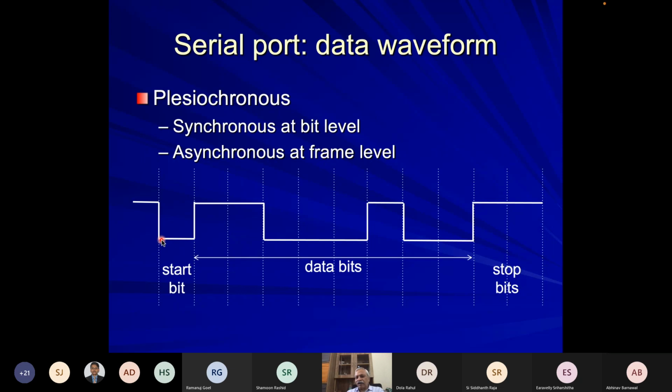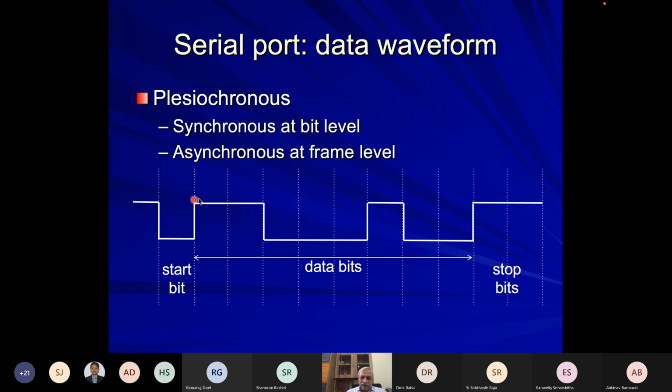So let's say you have a clock at the receiver end which is 16 times faster. Then with that clock, it will keep sampling, and once it sees the change from 1 to 0, it will take that as the starting point, and then it will wait for 8 more clocks to come to the middle of the start bit.